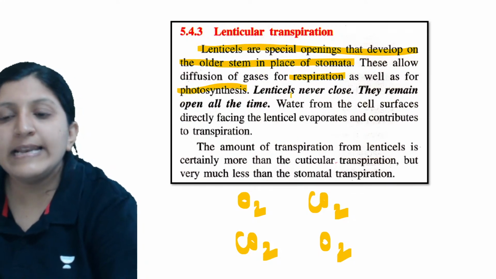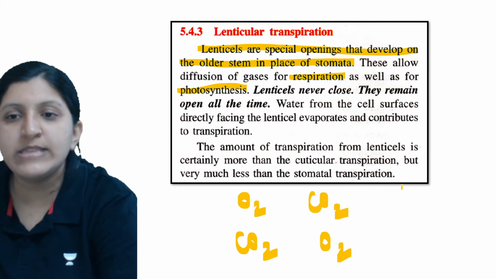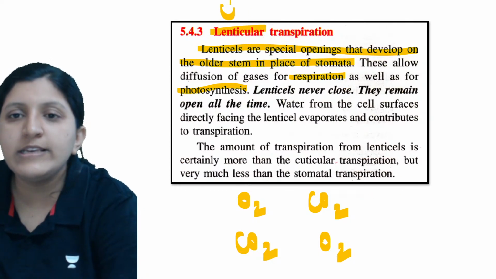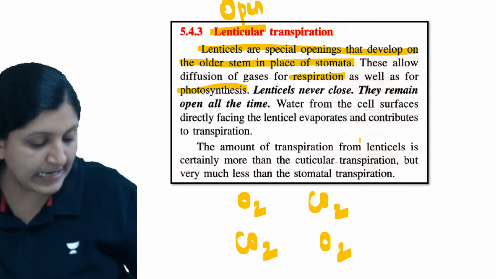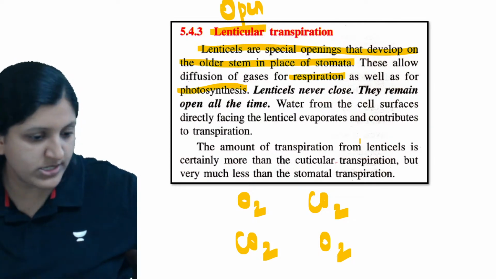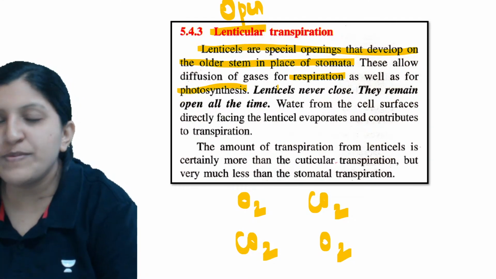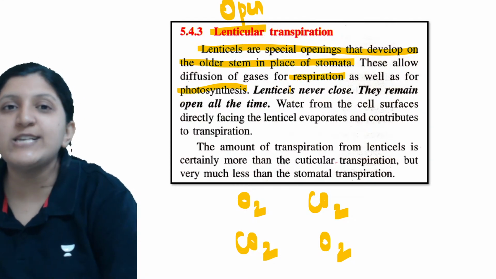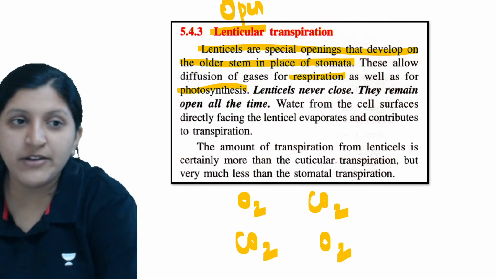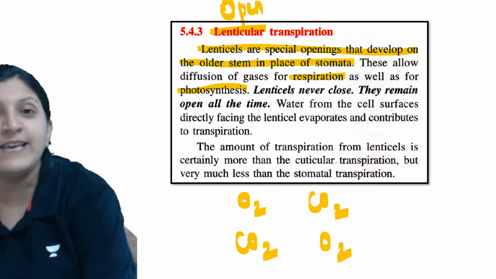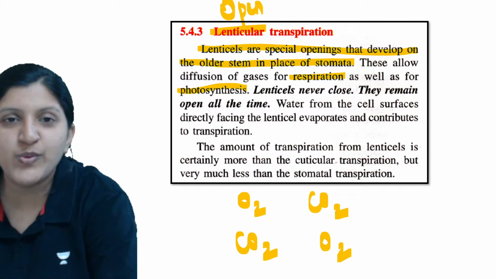Now you know the lenticels never close, they remain open all the time. They are open all the time because the lenticels are produced in the place of a stomata which was there earlier, and that had the capacity to close as well as open.